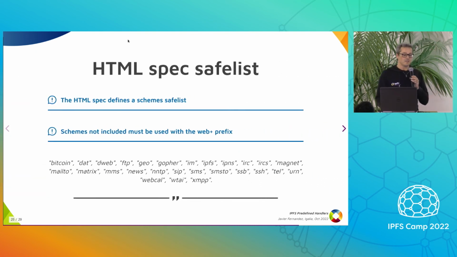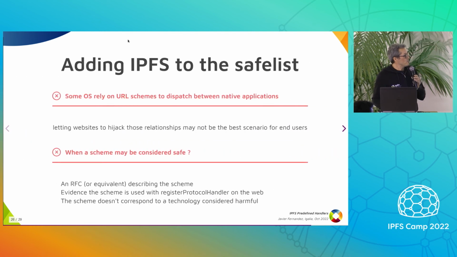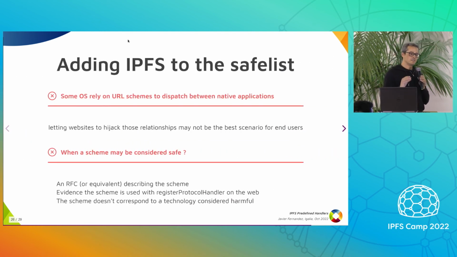And as I said, one of the goals, long term, we are not in a hurry, but the HTML spec defines a safe list of schemes that are considered safe, and as you see, IPFS is not part of this list. Unfortunately, Chrome accepted a change to consider IPFS safe, so at least in Chrome we don't have to worry about that. But in other browsers, for instance Firefox, you are forced to use the prefix.